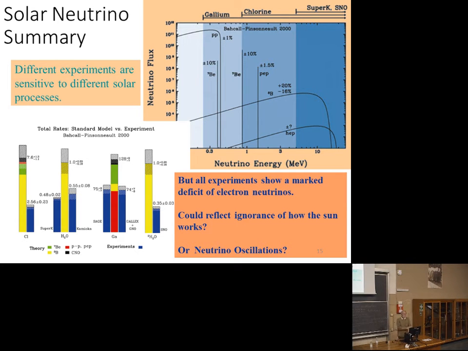The second possibility, which was the more likely, is that despite the fact that we seem to be able to predict neutrinos from the sun, we can predict a lot about the sun, even including things like sunspots and all this stuff that I showed you last time, that there's something wrong with the calculations, that the nuclear physics really wasn't understood.